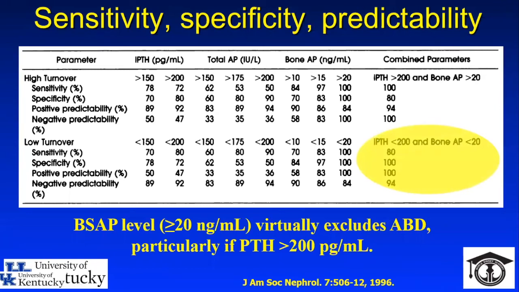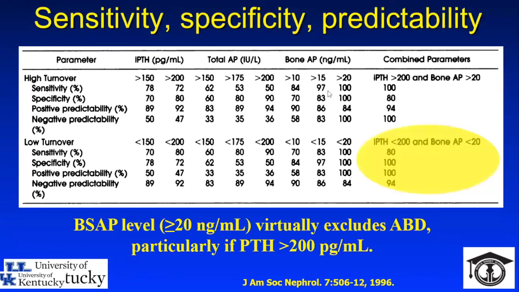Here is the specificity and sensitivity. This is an old but important study that examined the effect of using the bone turnover marker, especially the bone-specific alkaline phosphatase, in conjunction with the PTH to detect the bone turnover.